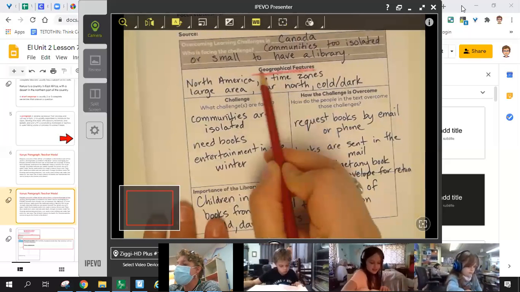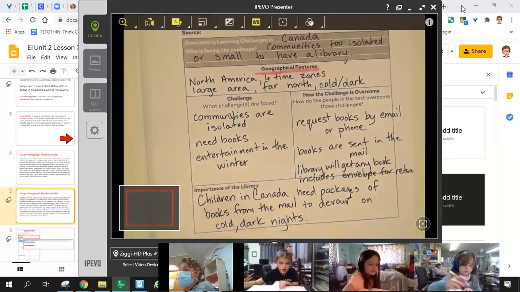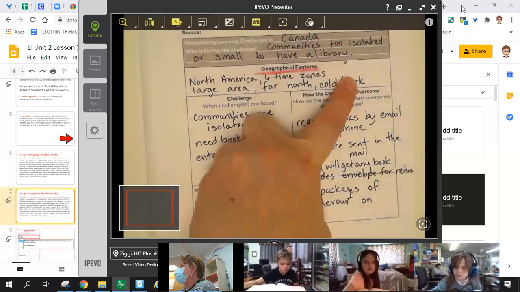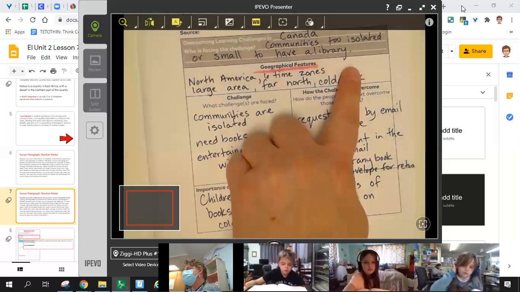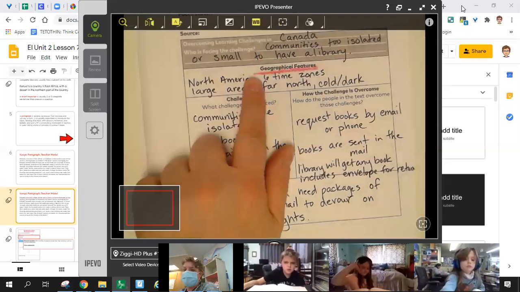Your first sentence is going to come from geographical features, okay? So if you wrote some good notes in there, guess what? Your sentence will be super easy. Now this is Canada, so don't expect to have the same notes in yours, right? So there's our geographical features.